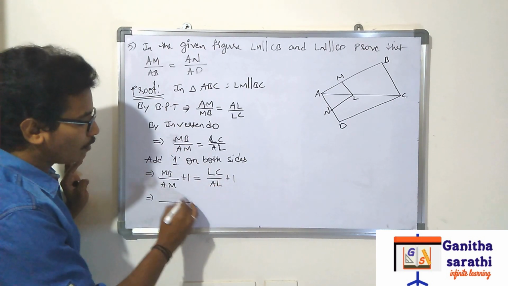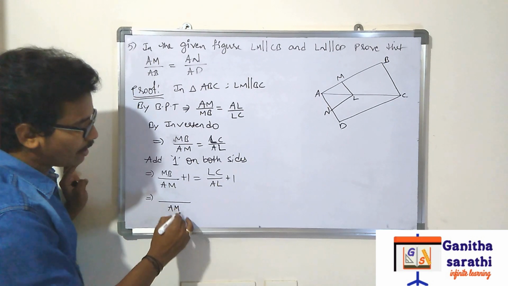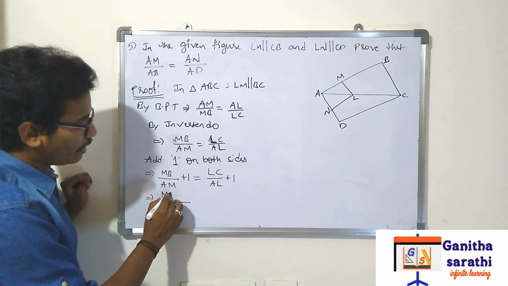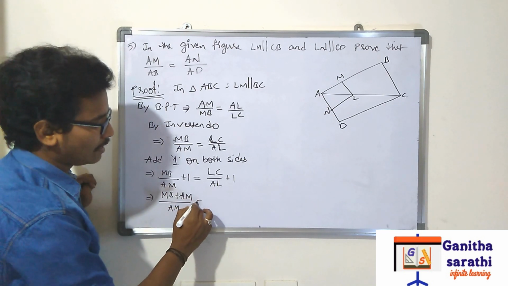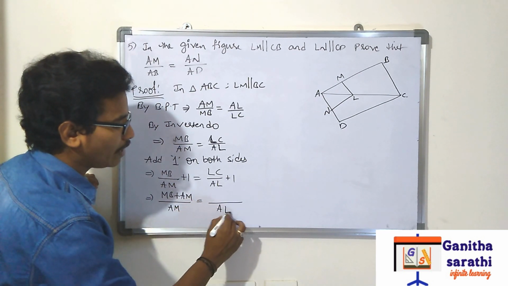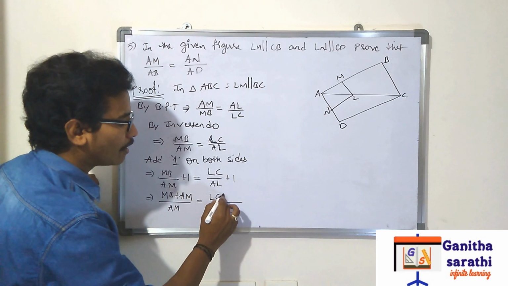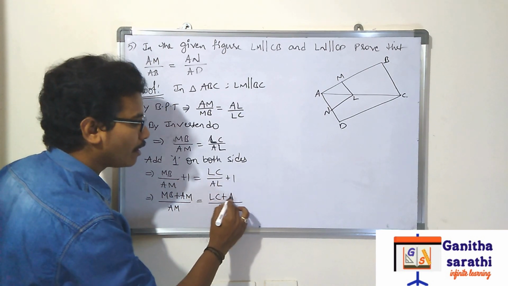Now what will be the LCM here? AM will be the LCM. MB plus AM into 1 will be AM, is equal to, here also AL will be the LCM, LC plus AL into 1 will be AL.